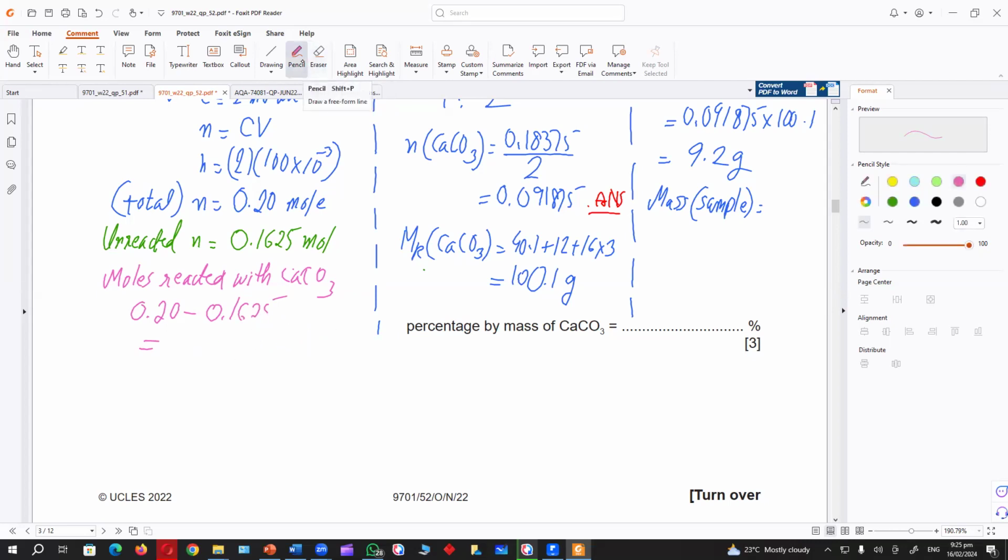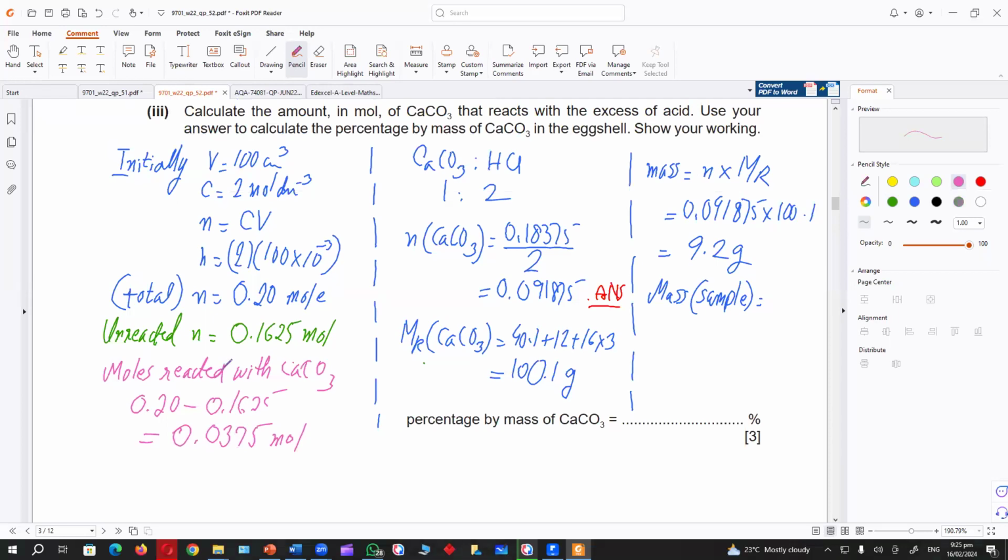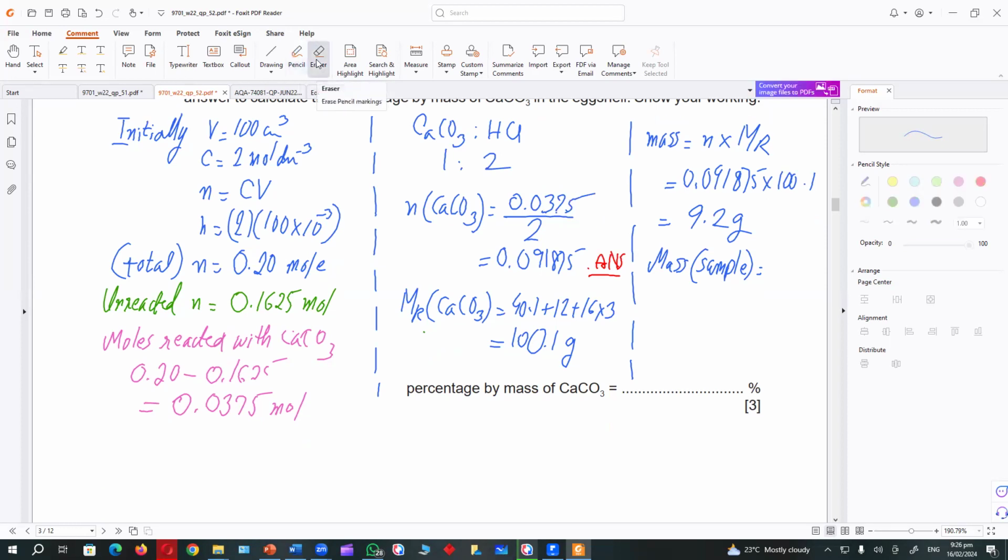It will be 0.0375. Okay. So divided by 2.